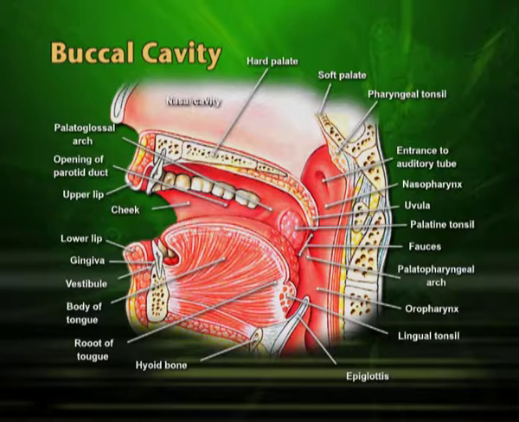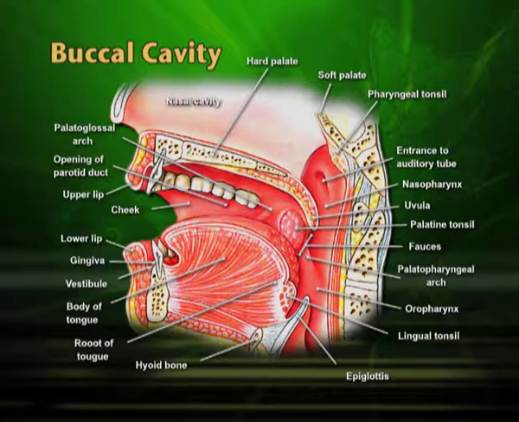Moving to buccal cavity, this particular slide shows you inside of the buccal cavity. By now, you have very clear idea about teeth, about tongue, about taste receptors, and also salivary amylase and saliva. At this point, through this diagram, what I want to emphasize here is that we have esophagus through which food is passing, and parallel to esophagus we have trachea through which air is passing.